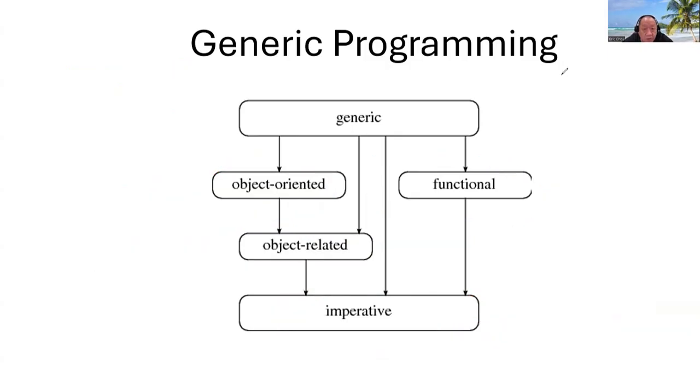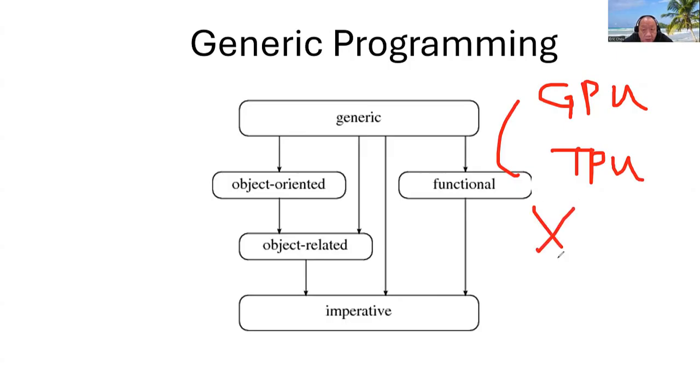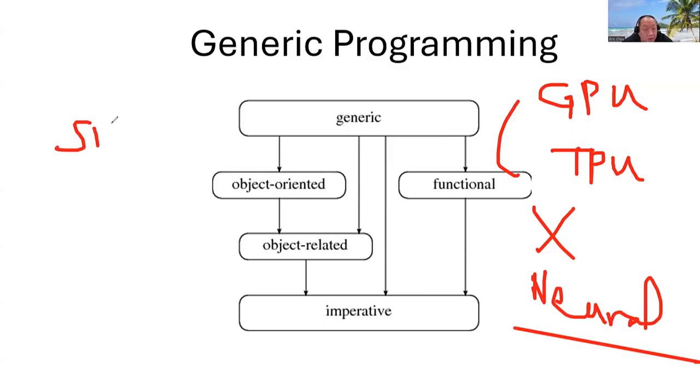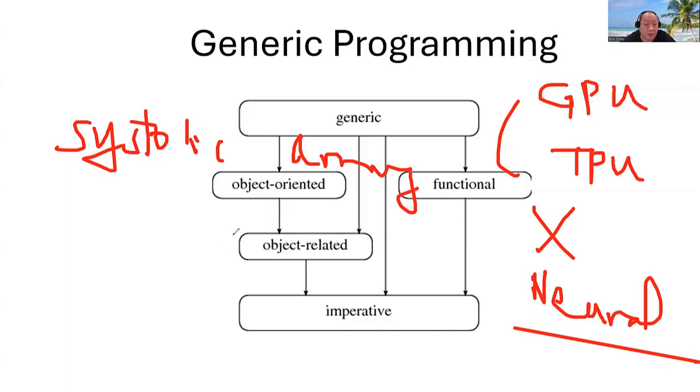But nowadays we do hear the words GPU and TPU. These are not CPUs, not Von Neumann machines. They are neural network based, systolic array based, not the regular CPU.